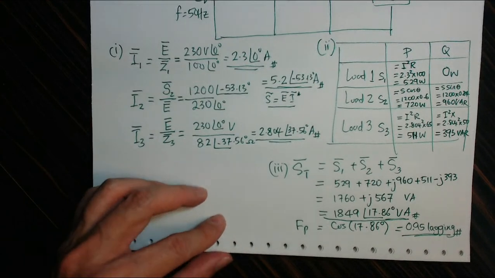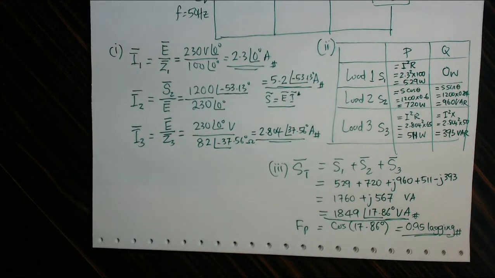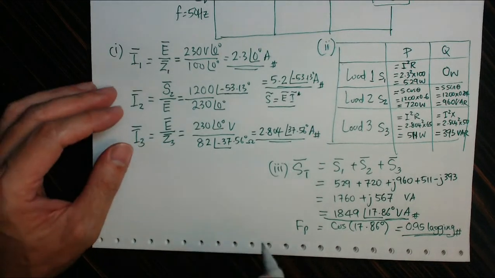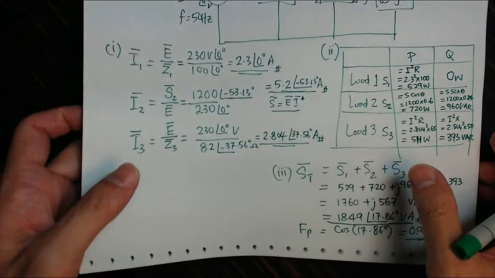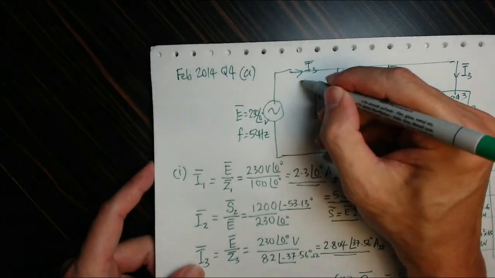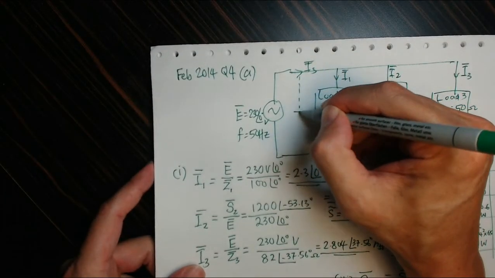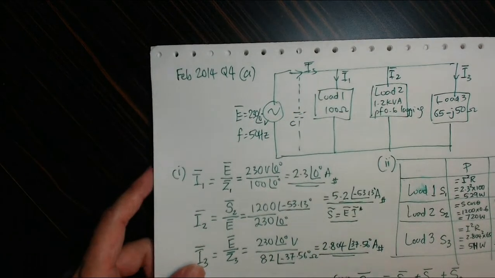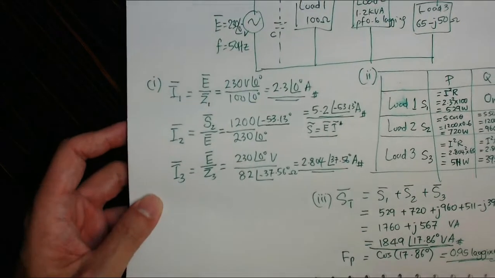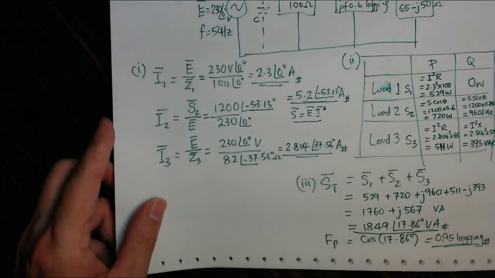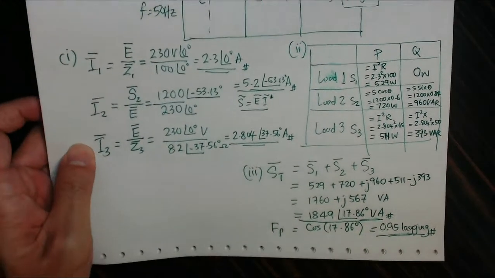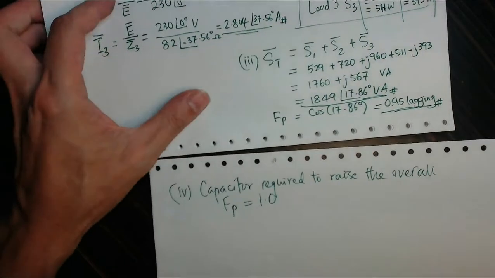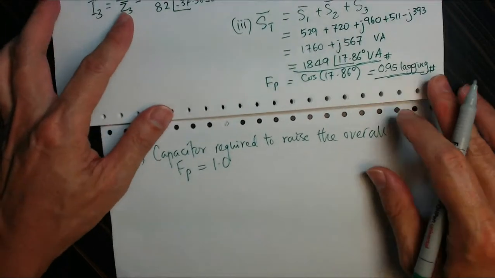Now the next part of the question requires us to calculate what extra capacitor I must put across here to raise the power factor to 1, to unity. At this juncture, it'd be good to draw the power triangle.